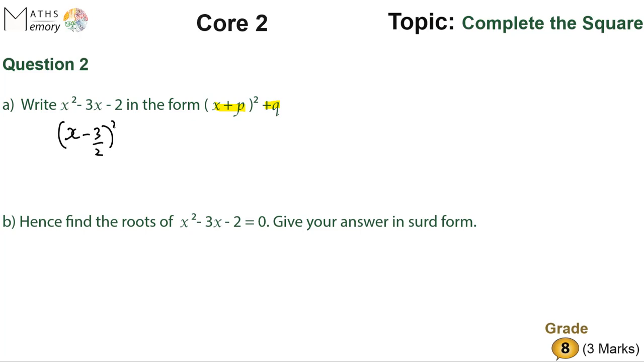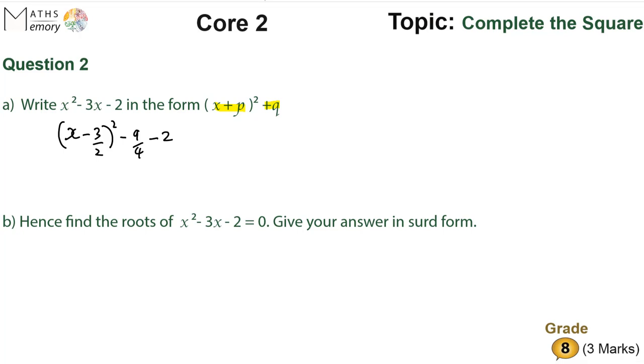Notice how we are using a top heavy fraction here, not a decimal. You'll see why in a minute. Now we take away this number squared. 3 over 2 squared is much easier to square as a fraction than as a decimal. That's why we do this. So that will be 9 over 4, and then we simply take away the number we see in the original equation, which is minus 2.